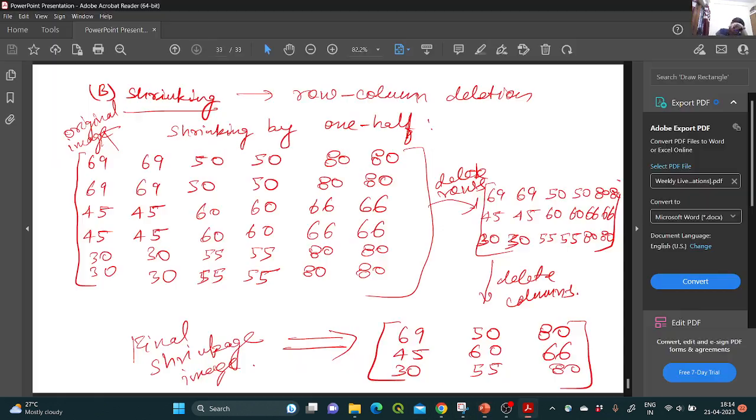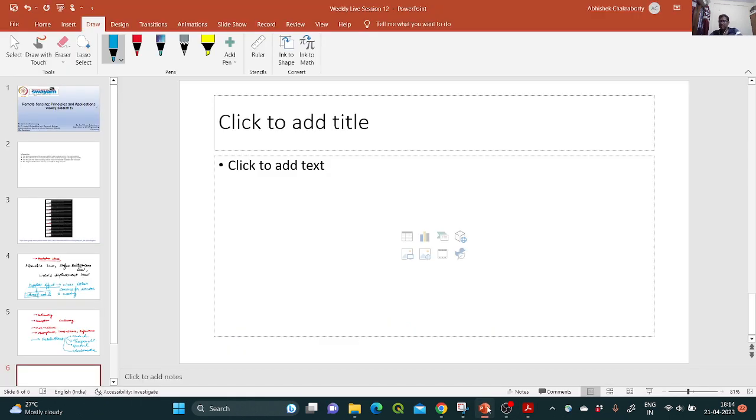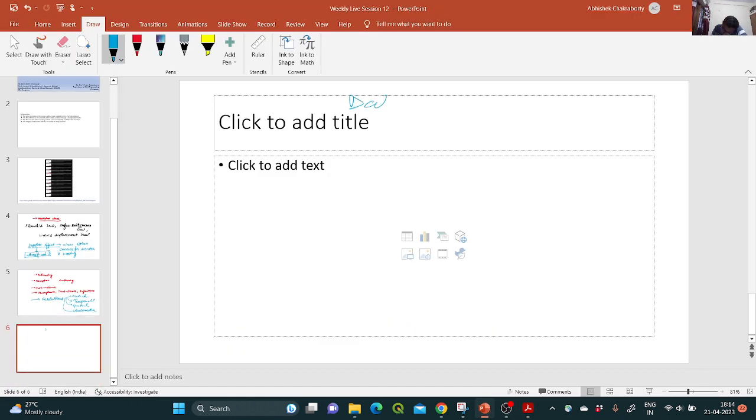So it consisted of the data formats: band interleaved by line, band interleaved by pixel, and band sequential. Okay, so that was what we understood.